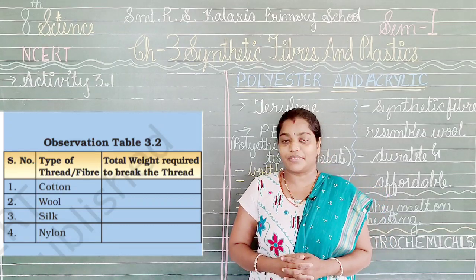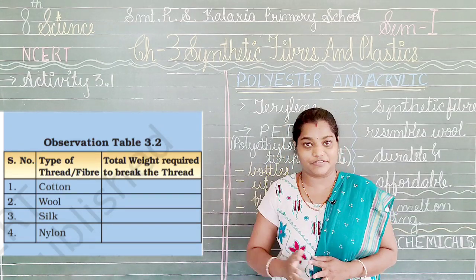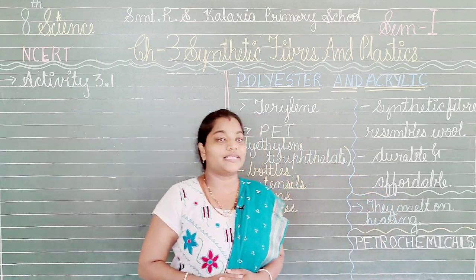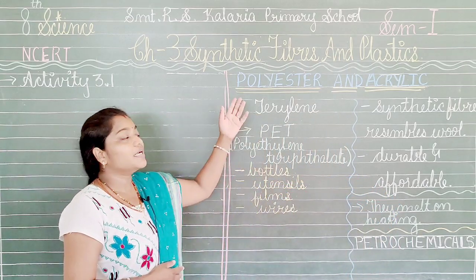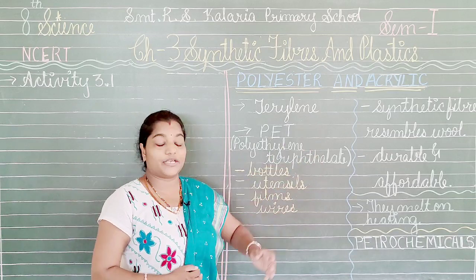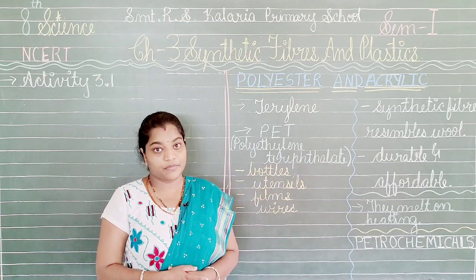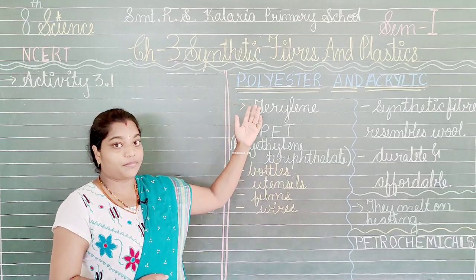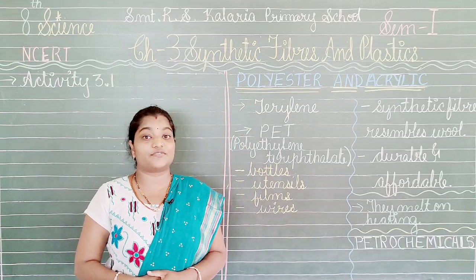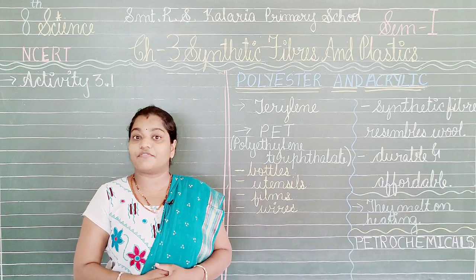Okay. Now after completing this experiment, Activity 3.1, let's go to the next topic, polyester and acrylic, which are again forms of artificial fibers. The name polyester is known to you because it is one of the types of fabric that we wear.